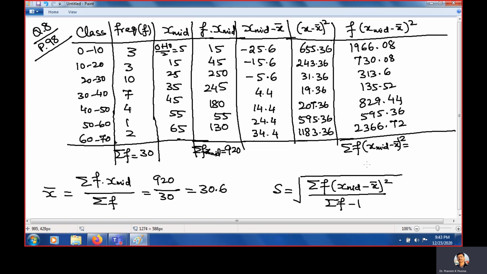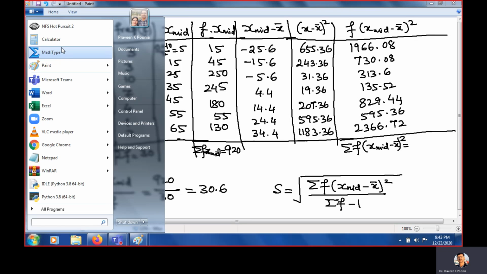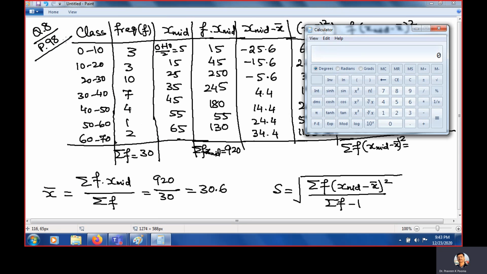Now what is this value? So let us use the calculator here.